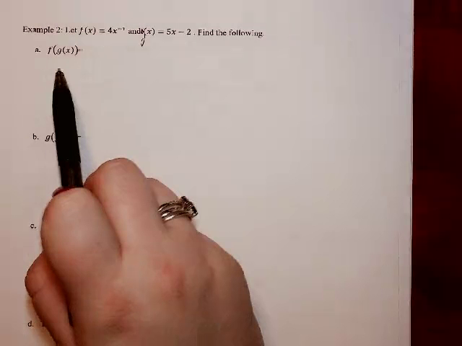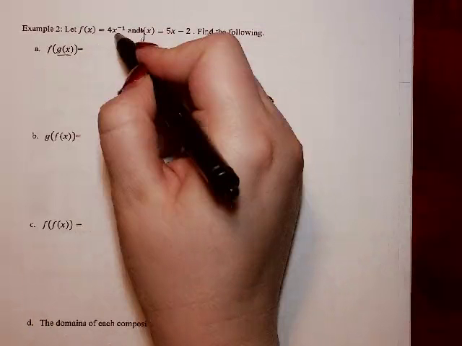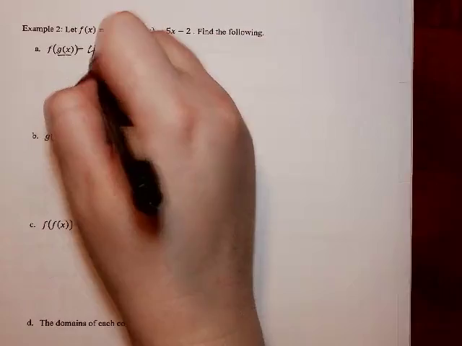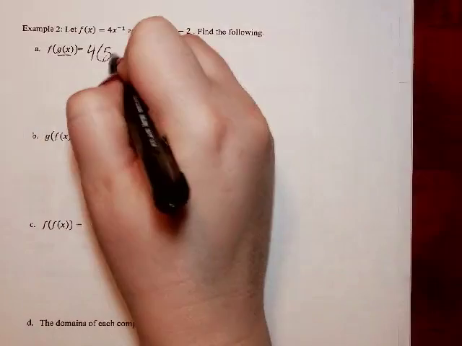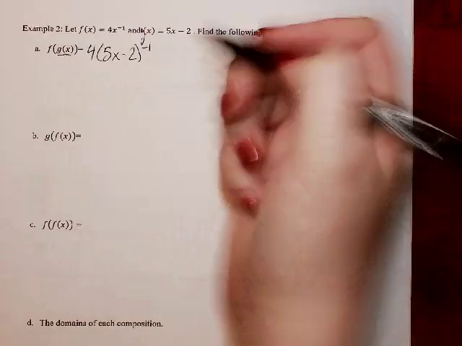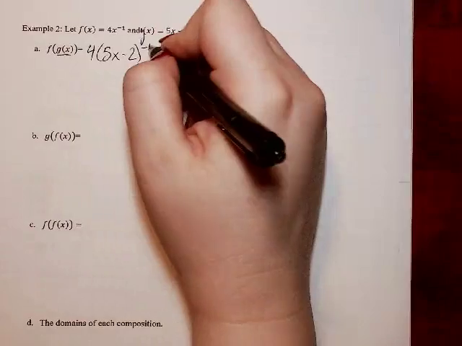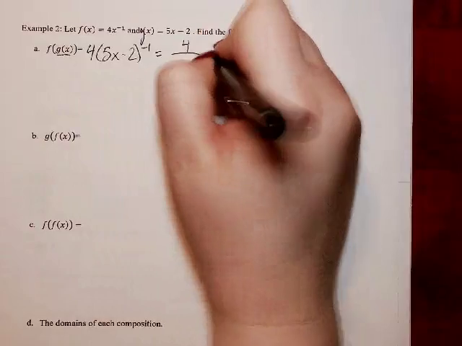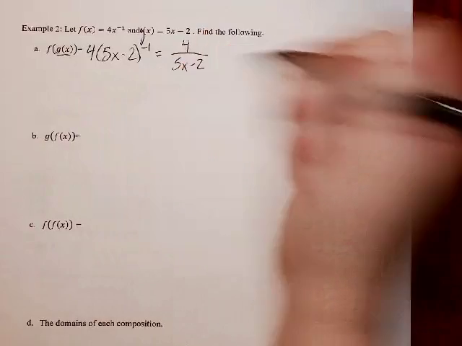We're going to start by taking g, which is this, and plugging it in here. So 4 times 5x minus 2 to the negative 1, which is the same as, negative 1 means put it in the bottom of a fraction, so our 4 stays up top, and 5x minus 2 goes to the bottom of our fraction.